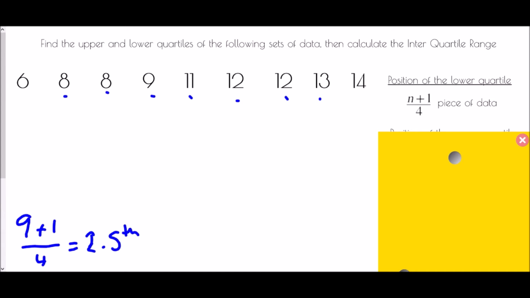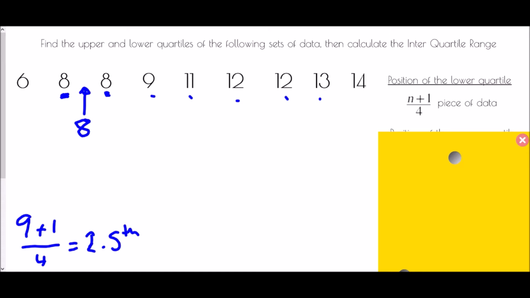Now that means we're looking for the 2.5 piece of data, which means it would have to be in between our second value and our third. Now, fortunately this time, those two values are exactly the same. So our lower quartile would still be the number 8, because that is halfway between 8 and 8.